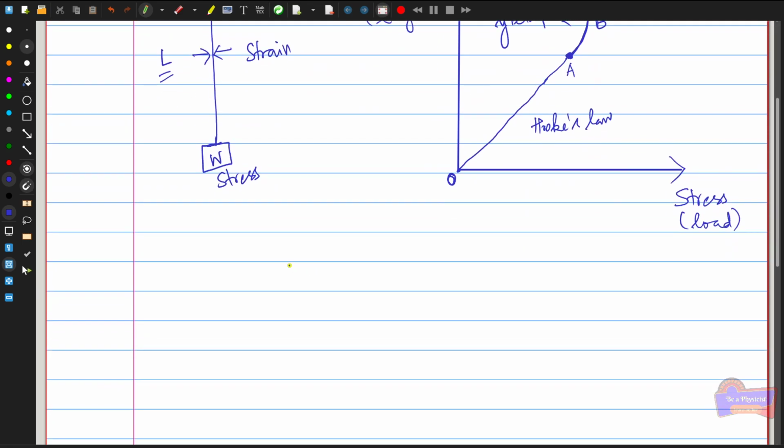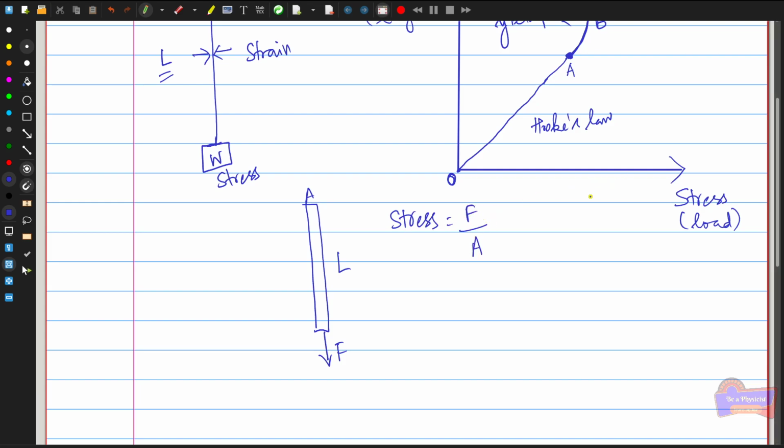Suppose you have a wire of length L and area of cross section A, and the force you are giving is F. You already know that the stress is the force divided by the area of cross section.